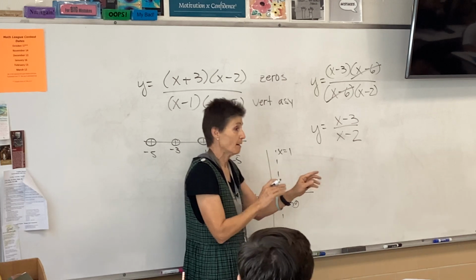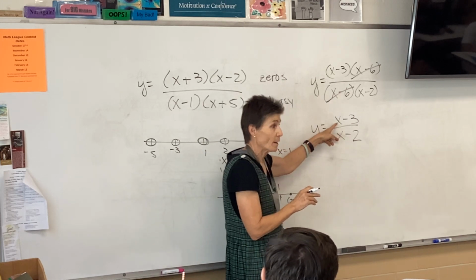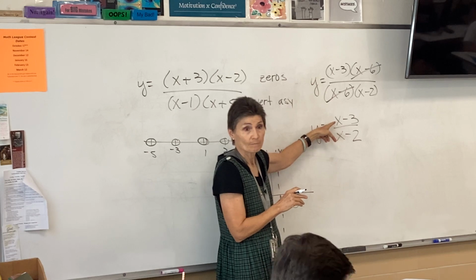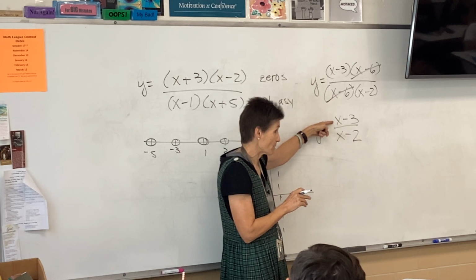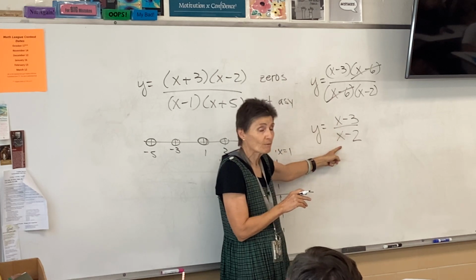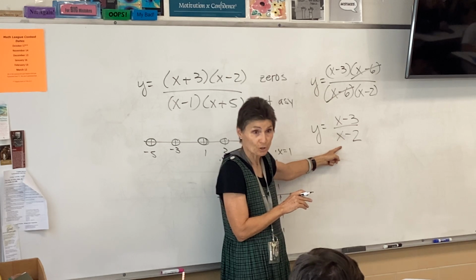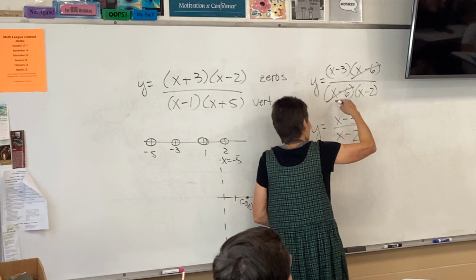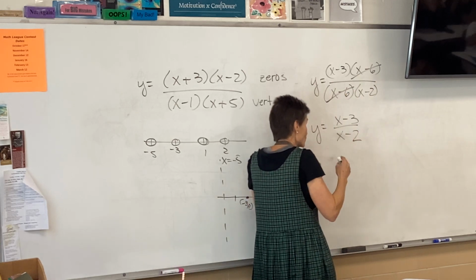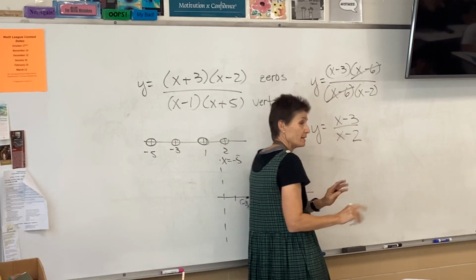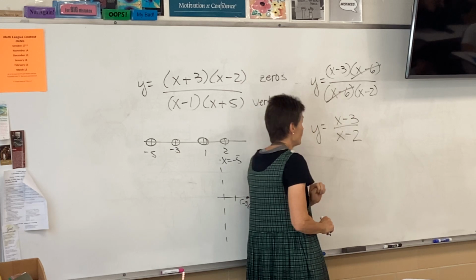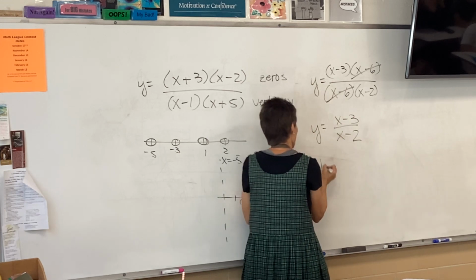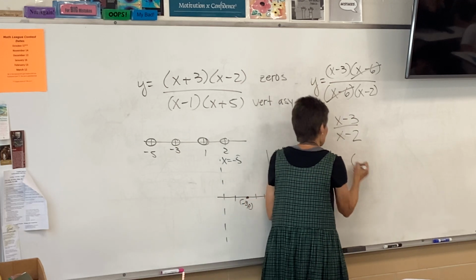But let's back up. Look right here. Where's my only 0? My only 0 is 3. Where's my only vertical asymptote? 2. Now, when you have a factor that you can remove, technically called a removable discontinuity, otherwise known as a hole in the picture.